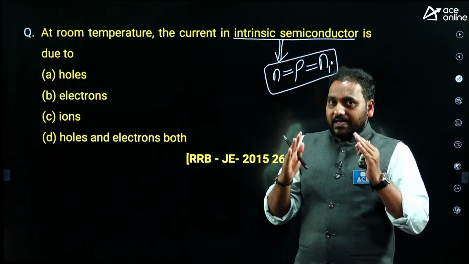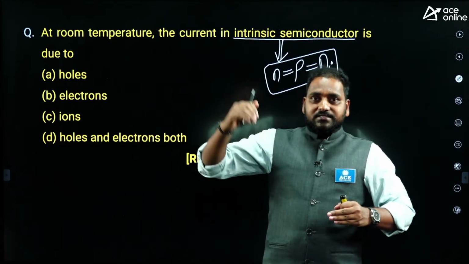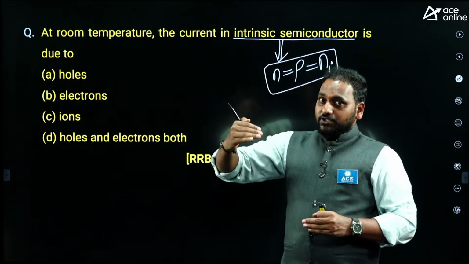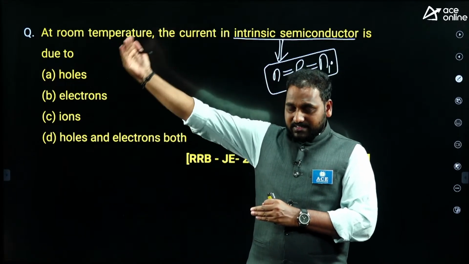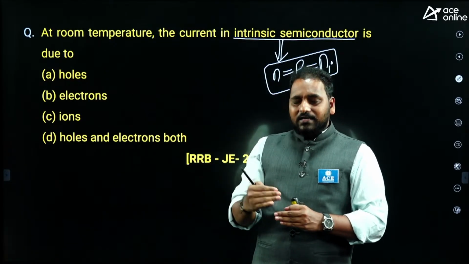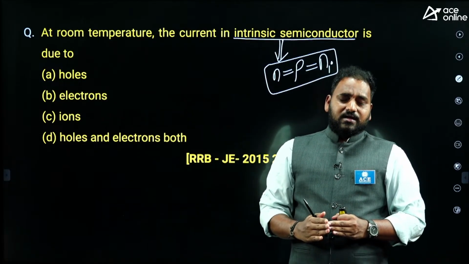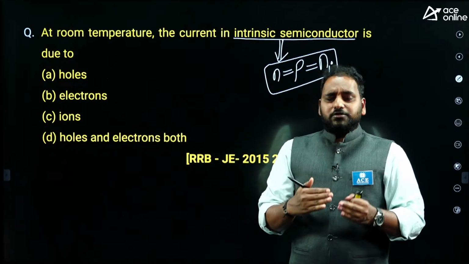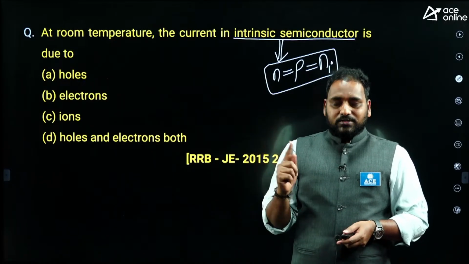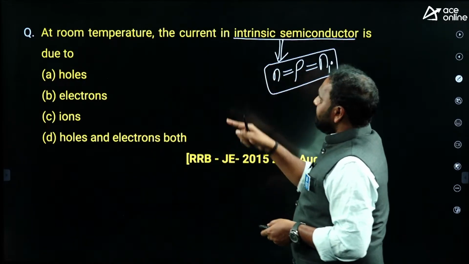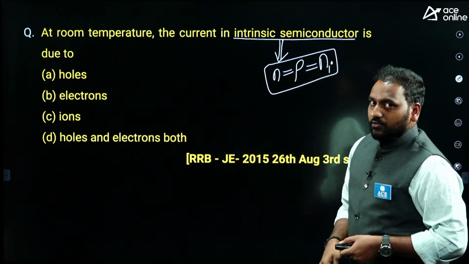For example, in an n-type semiconductor, if the electron concentration is in the order of 10^15 or 10^17, the hole concentration will be in the order of just hundreds to thousands, sometimes 10^2 or 10^3. That's why in extrinsic semiconductors, we need to think about electrons or holes.